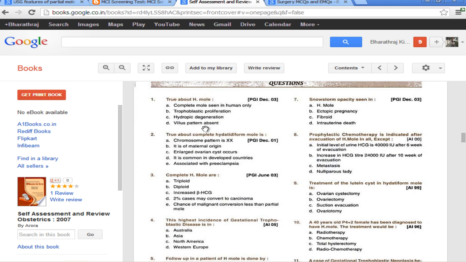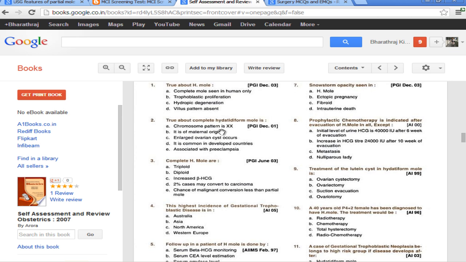Choriocarcinoma is a malignant version of the H mole, and in that particular trophoblastic disease, villus pattern is absent and there will be cellular atypia, which means that the cells are atypical. That's it. And then you can go on to the next question and then we'll come back. Chromosome, you need to know what is a complete hydatiform mole and a partial hydatiform mole.